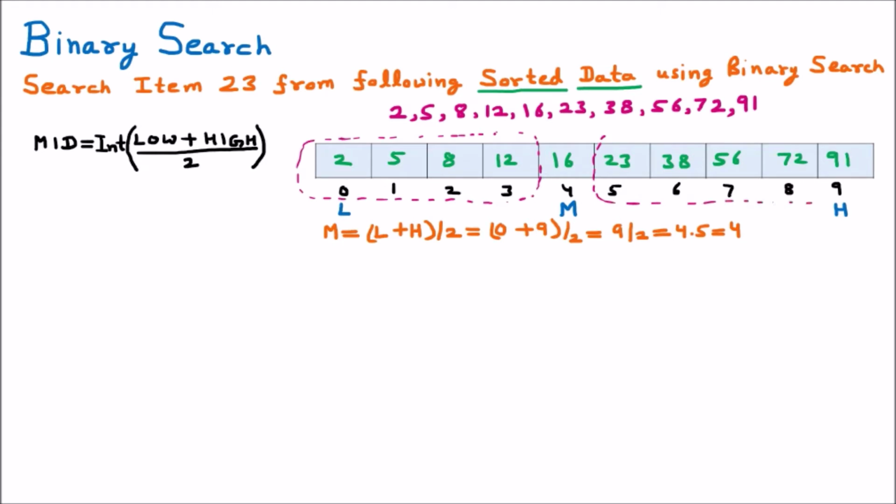So we have successfully divided the array into parts. Now we are going to find the element. Binary means 2. We know that binary numbers are 0 and 1, so these are the two numbers. Similarly we are dividing the array into two parts, and this way we are searching. That's why it is called binary search.